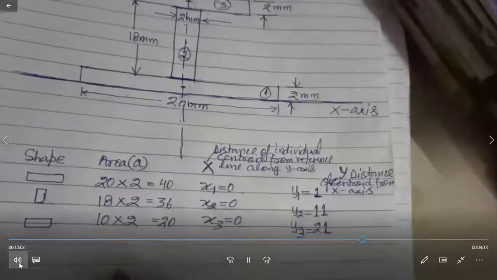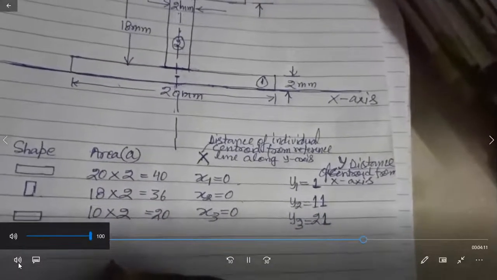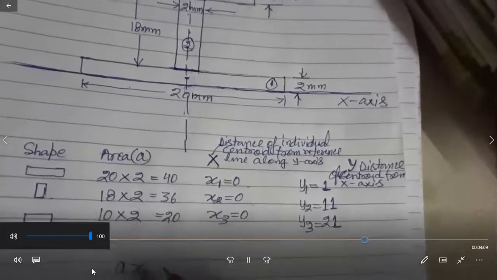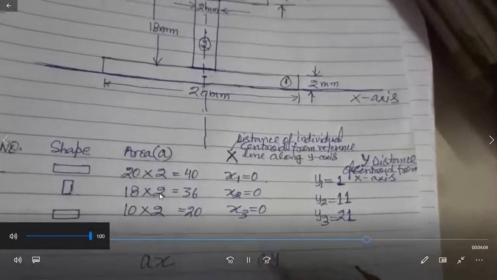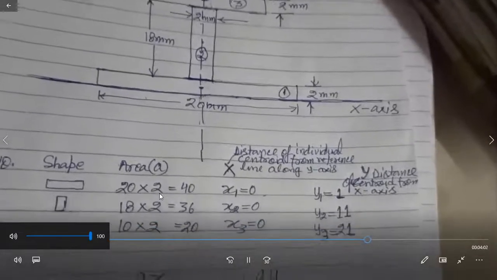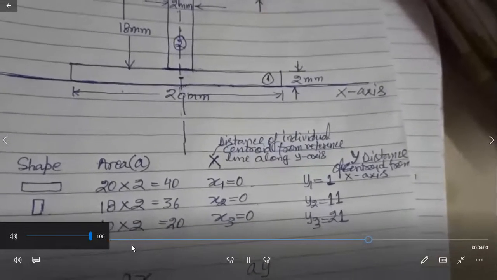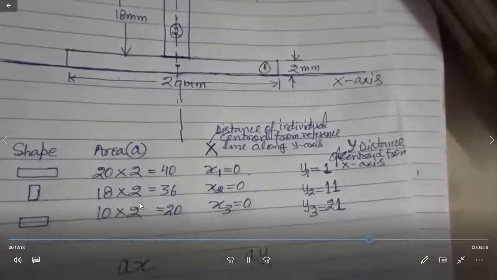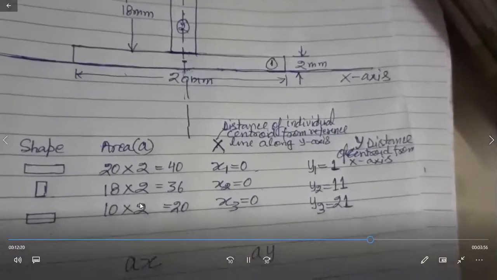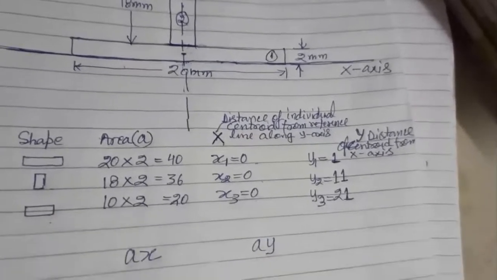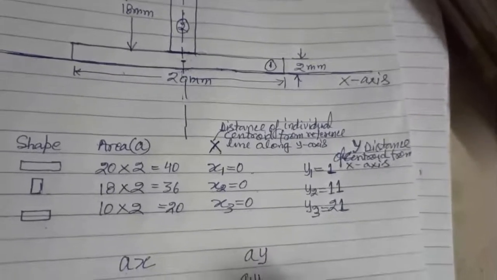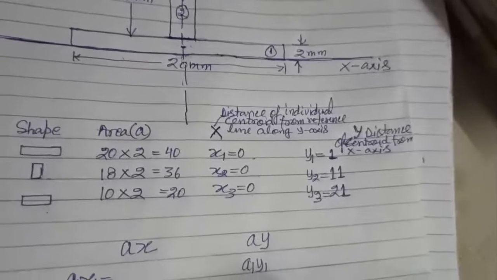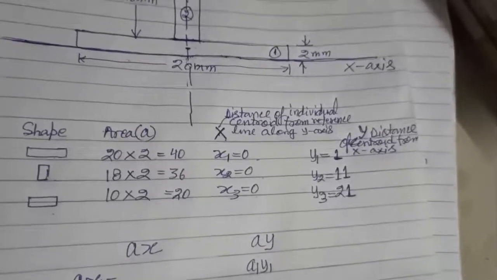Now we have to find out the summation AX and AY. So this AX is A1X1, A2X2 and A3X3, and A1Y1, A2Y2 and A3Y3.